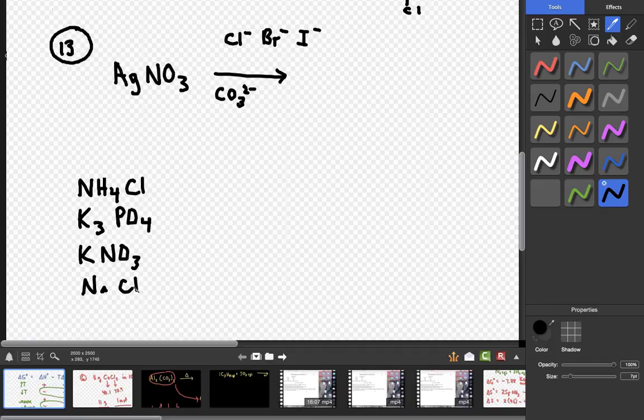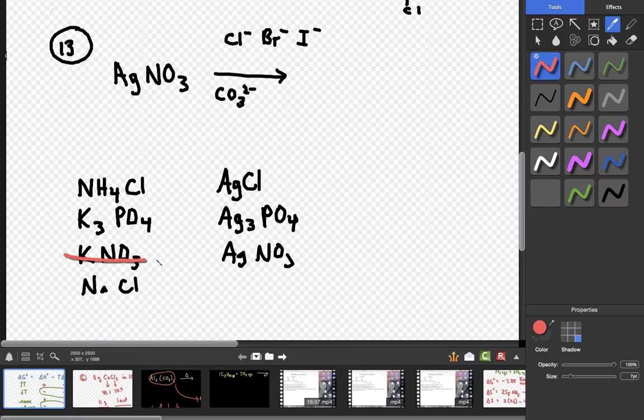So what we want to look at is what all of these would be. So you would have AgCl, you would have Ag3PO4, you would have AgNO3, which would make absolutely no sense. We can cross that one off immediately, because you're not going to make a precipitate when you make what you already had. It doesn't make any sense. And then, of course, AgCl again.